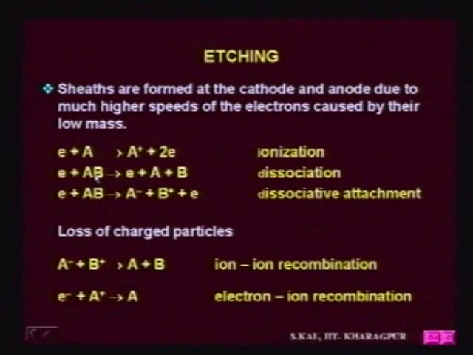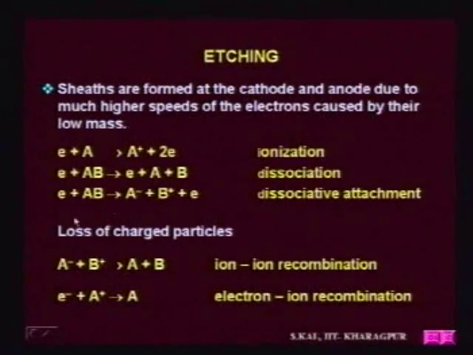So, see what happens in this type of dissociation when an electron hits the molecule AB. The electron is there and A, B are separated out. A and B are not ionized, but they are separated as individual entities. For example, in carbon dioxide or CF4, if the carbon and oxygen are separated without forming an ion, or the carbon and fluorine are separated without ionization, then this is known as the dissociation reaction.